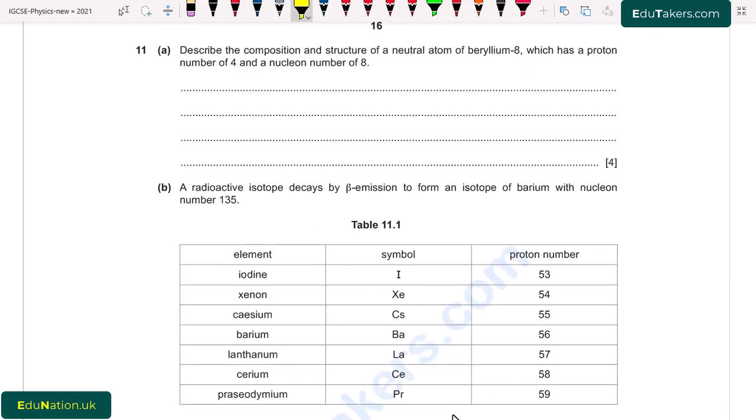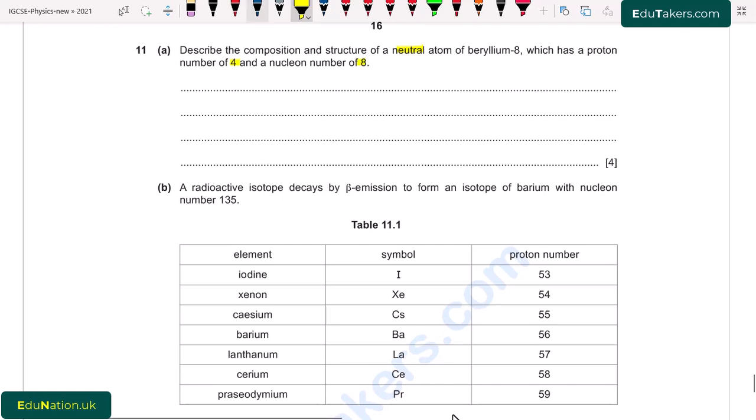Question number 11, Part A. Describe the composition and structure of the neutral atom of beryllium-8, which has a proton number 4 and nucleon number of 8. So we have to describe the composition of the neutral atom of beryllium.